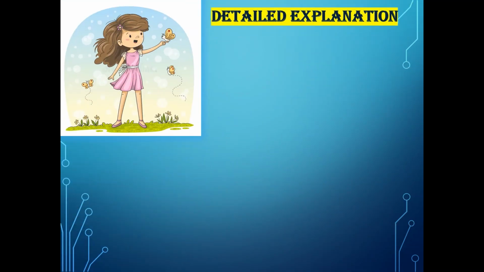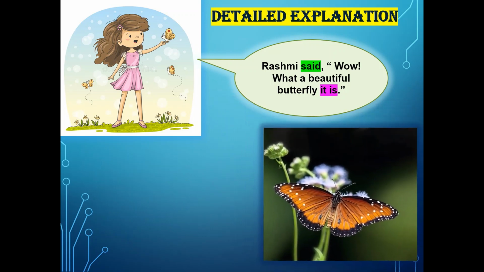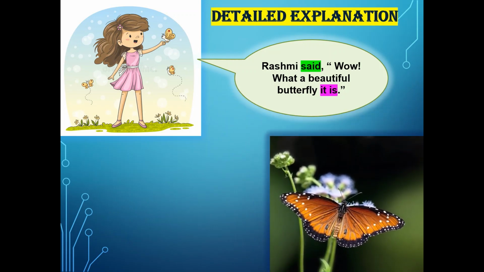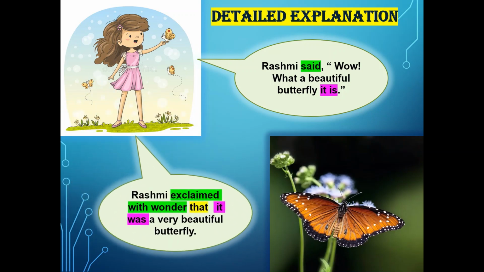Look at the example. Rasmi said, "Wow, what a beautiful butterfly it is." So if we change this sentence into indirect speech, the answer will be Rasmi exclaimed with wonder that it was a very beautiful butterfly.